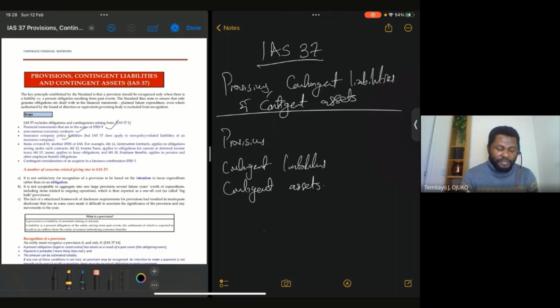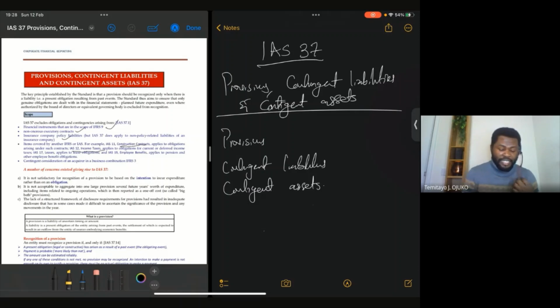Then, items covered by another IFRS or IAS, for example, construction contracts applies to obligation arising under such contract. IAS 12, income taxes applies to obligation from current and deferred income tax.